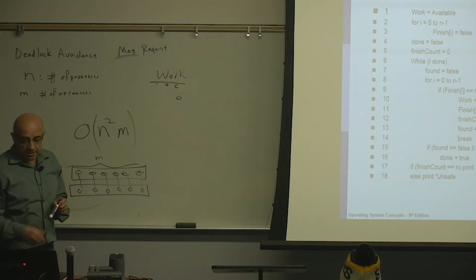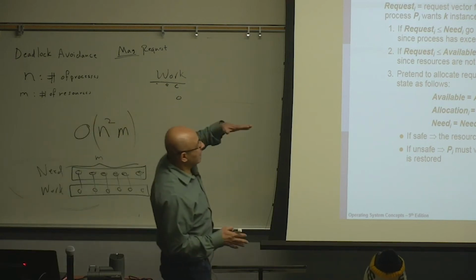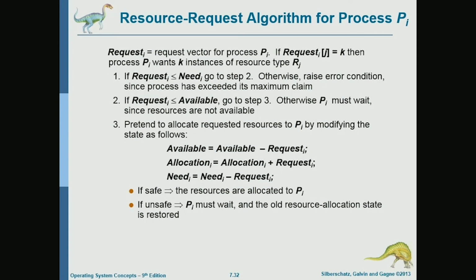Any questions on this? Now, this is the safety part. Now, the higher level algorithm is the algorithm that checks for avoidance. First of all, whenever a request comes in, it will first compare it with the need. If it's not less than or equal to the need, we reject it right away, to check that the maxima that we have are correct.